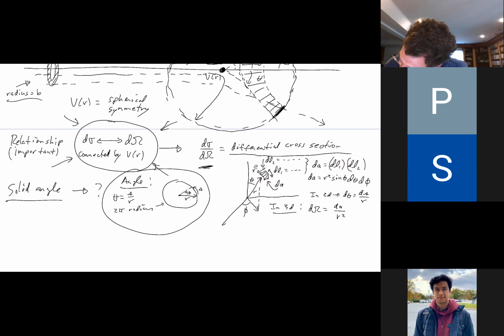And so from our definition of dA, we can see that the differential solid angle is dA over r squared, which is sine theta d theta d phi. And if I integrate d omega over all of theta and phi, what is it going to equal?